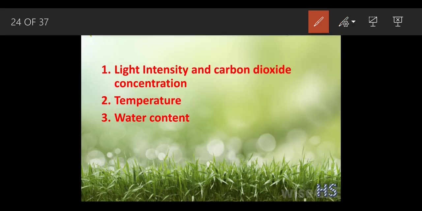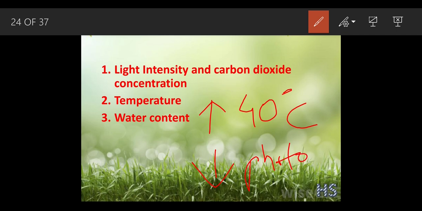But what if the temperature increases? What happens if the temperature exceeds about 40 degrees Celsius? At that time, the rate of photosynthesis falls. Why does it fall?